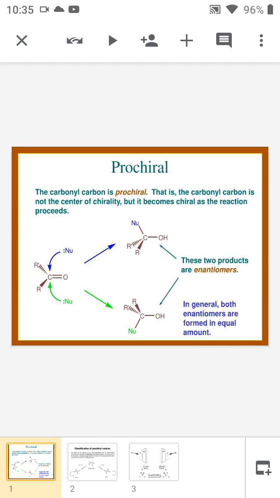Depending upon the attack of the nucleophile, we can get either the D variety or the L variety. So the definition of prochirality is very important. The carbonyl group is not actually a chiral center, but it can be converted into chirality as the reaction proceeds.